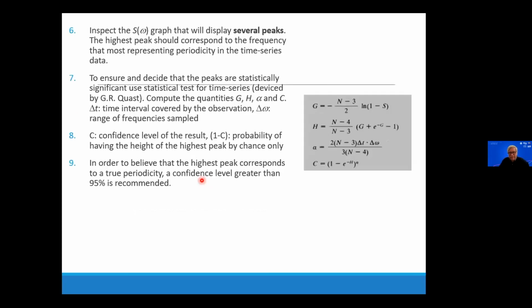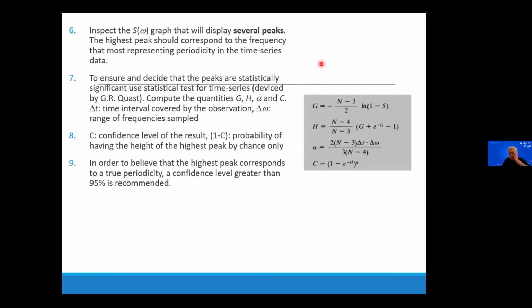So if you do that, you may get the S omega graph like this. Then the highest peak should correspond to the frequency that best represents the periodicity in the time series. So up to the sixth step, actually you are constructing the periodogram. And of course you can end it here if you are not interested in investigating the confidence level of the periodogram.